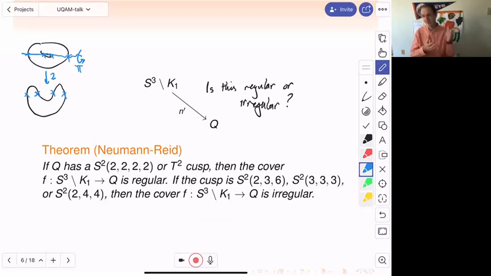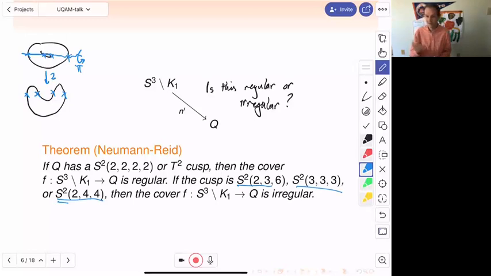That if we look at a quotient from S3 minus K to Q, and Q has a torus or a sphere with 4 cone points of order 2 as its cusp, then that quotient is going to be a regular quotient. And if the cusp is anything else, if it's one of these 3 objects, the cover is irregular.